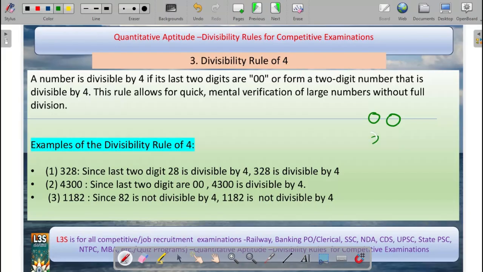Say if the last two digits are 24, then 24 is divisible by 4 because 24 by 4 is equal to 6. So for any number, say 2324, the last two digits 24 are divisible by 4. So the whole number 2324 will be divisible by 4.